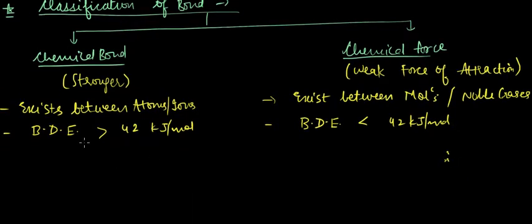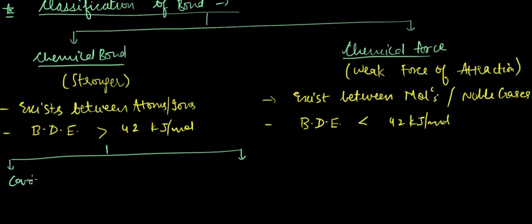Okay, so a chemical bond can be classified into three subcategories. One is covalent, then we have metallic, and then we have ionic.